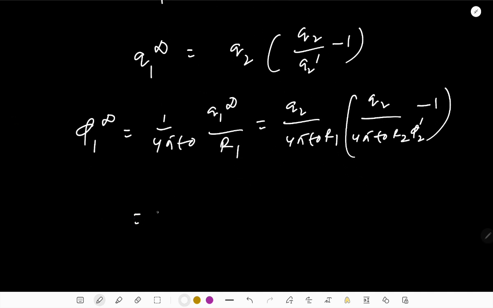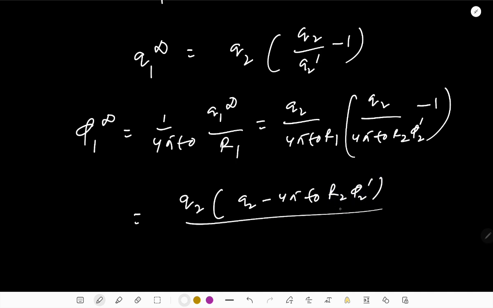After solving you can get a result like this: q2 minus 4 pi epsilon naught r2 phi 2 dash divided by 16 pi square epsilon naught square r1 r2 phi 2 dash, and that's the solution.